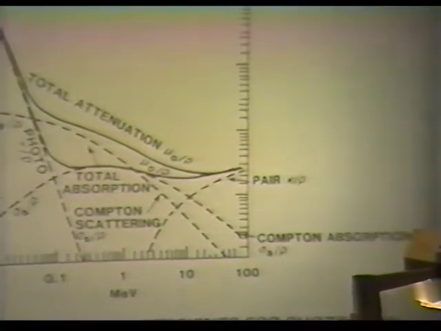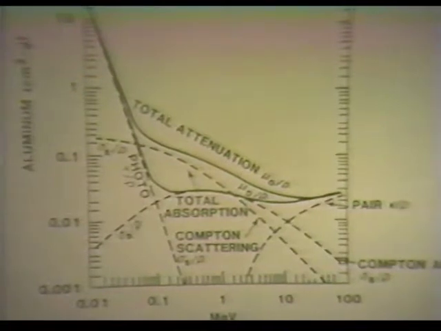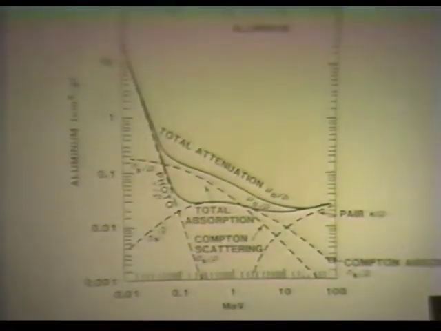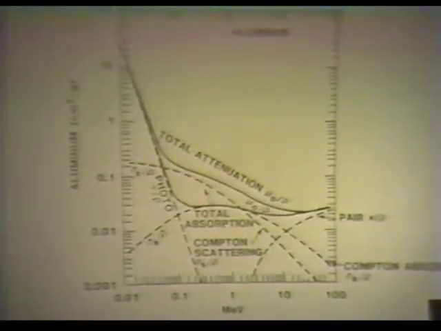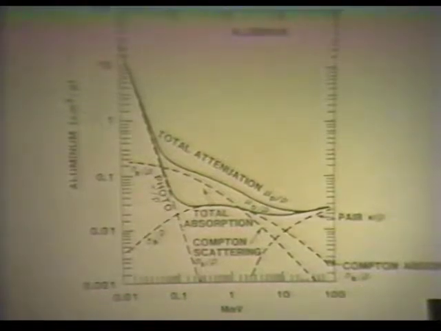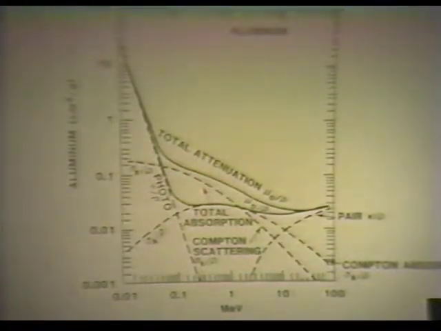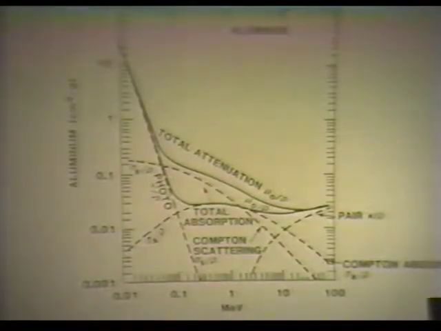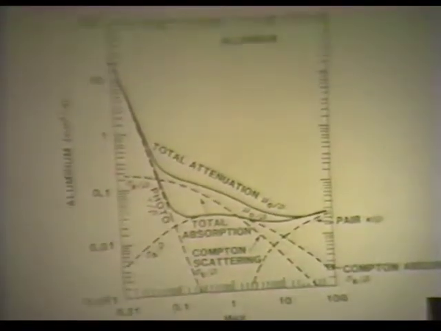And I just wanted you to see for aluminum or silicon, which is about the same, that these things vary with energy, and you get slightly different types of interactions. But the high energy photons are all going to ionize your device and create charge carriers in there.